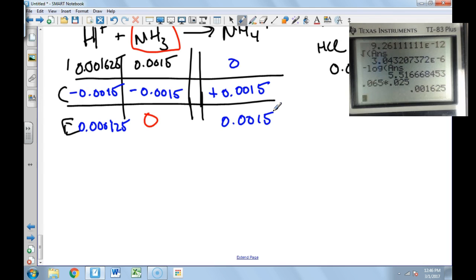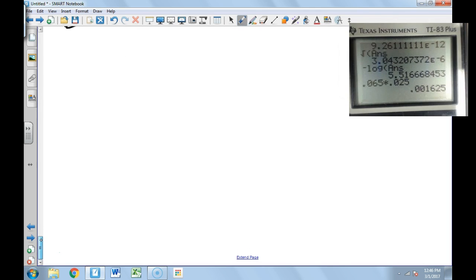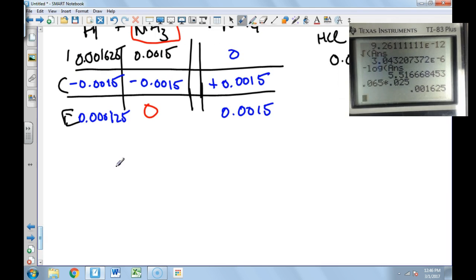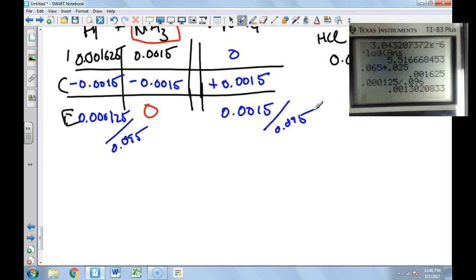So now we can go and do an ICE chart with this, but we need to do the concentrations of this. So this is divided by 0.095. Okay, so now we do 0.000125 divided by 0.095. Let's do that again, except 0.095, because that's the volume.